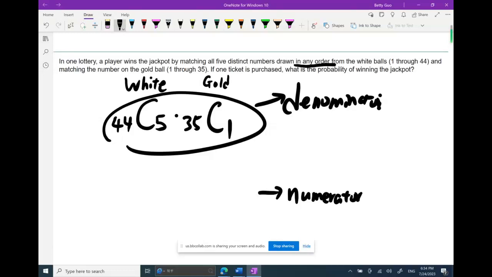You know which 5 numbers are the winning numbers on the white ball, and you know which number is the winning number on the gold ball. So you select the 5 numbers exactly the same as the 5 winning numbers on the white ball, and then you select the 1 number exactly the same as the winning number on the gold ball. That's the numerator, and that value is 1.